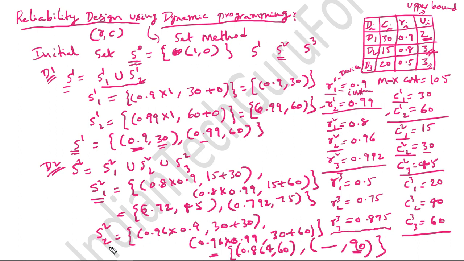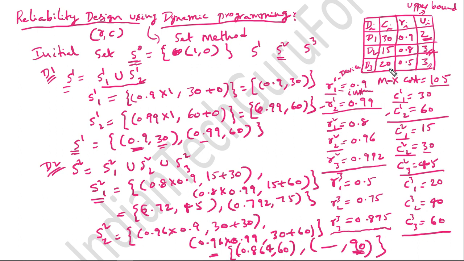What does it mean? If we purchase two instances of device 2, the maximum expenditure is 90. So then what will be the remaining cost? The actual cost given is 105. So 105 minus 90, the remaining dollars will be 15.